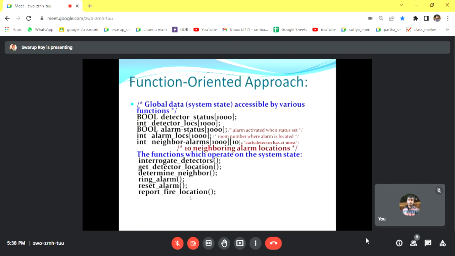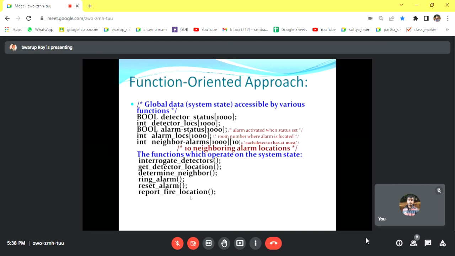Now, in a function-oriented approach, as I mentioned, they concentrate only on some data and some functions. To keep track of the thousand detectors, you have a variable array called detector status.